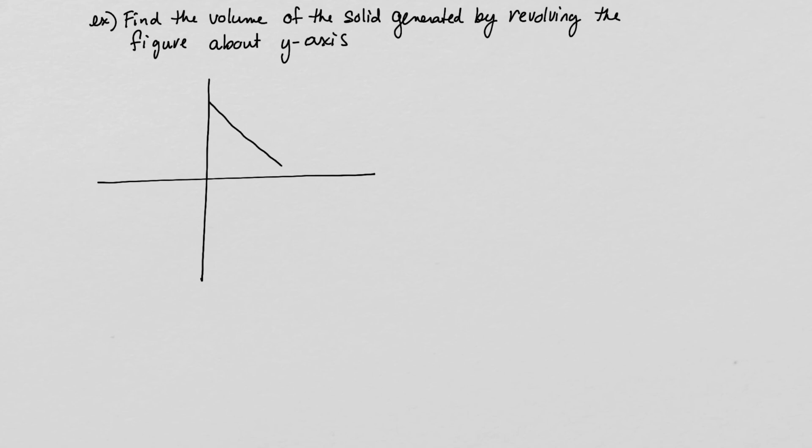Okay. So this is the line y equals 1 minus x over 2, and this is the line y equals x over 2 minus 1.